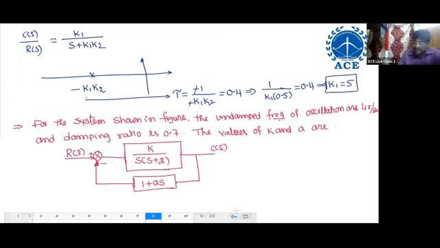Right, very good. K is 16. A is 0.225. Correct, very good.